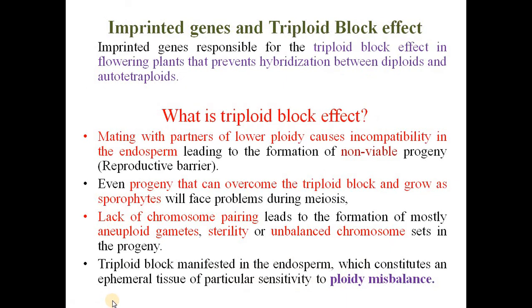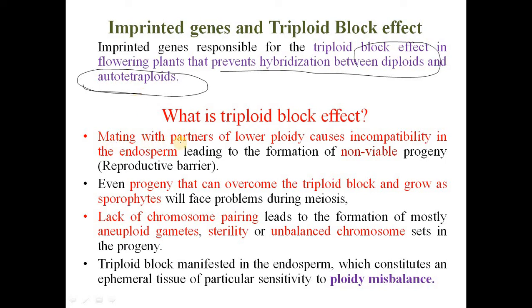So how is there a relation between imprinted genes and the triploid block effect? As I told you, these imprinted genes are responsible for the triploid block effect. And what does it exactly do? It prevents hybridization between diploids and autotetraploids. Then what is the triploid block effect?